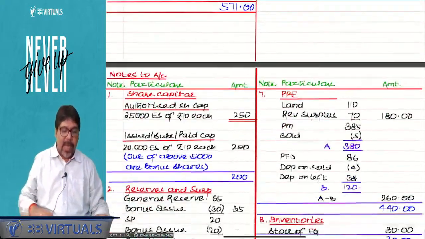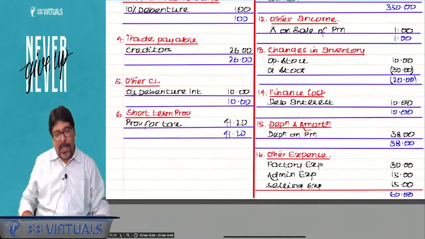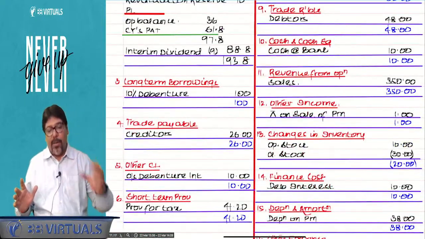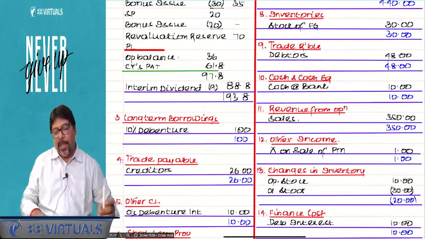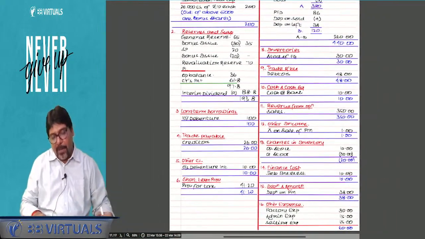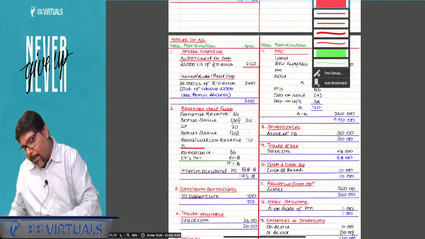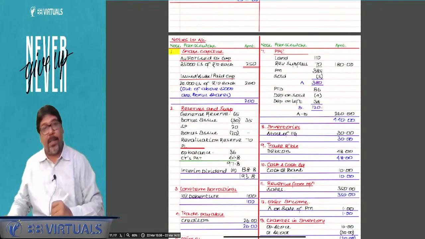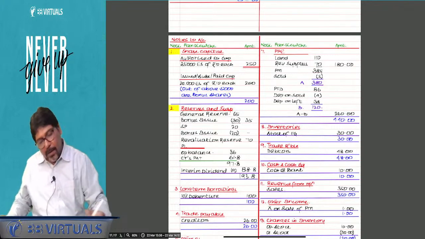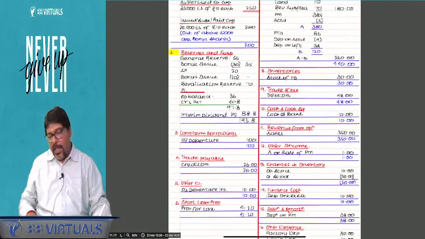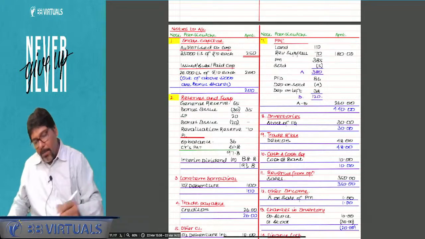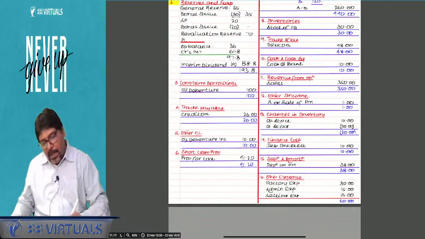Plus, I would have created all the notes possible. If you don't create notes for one item, then you would have created notes for the mandatory ones I would have told you. Mandatory notes would have been, number one, share capital, reserves and surplus, then PPE, and then other expenses.